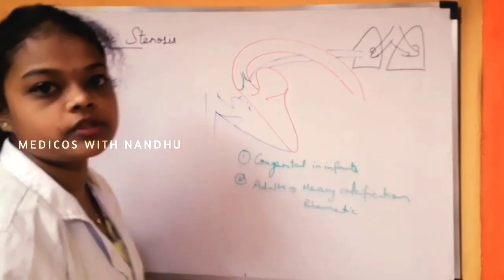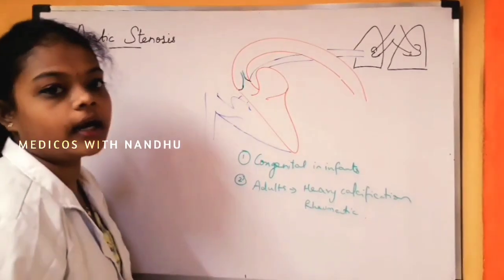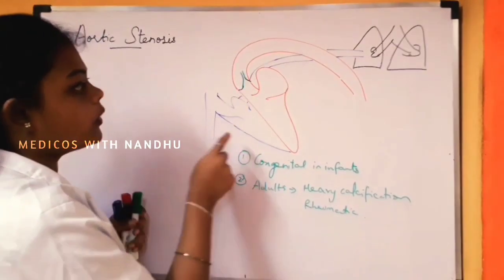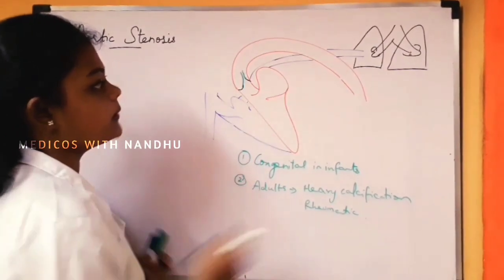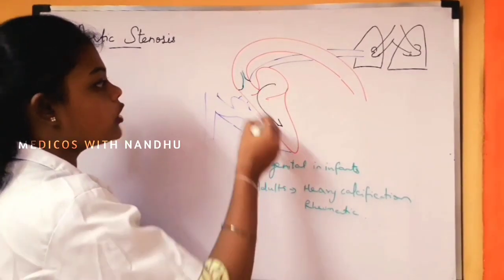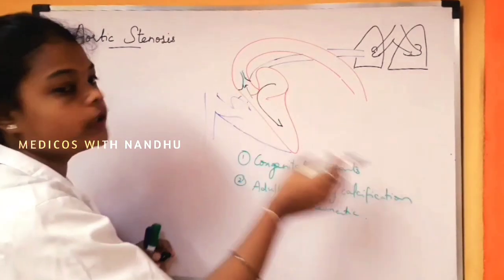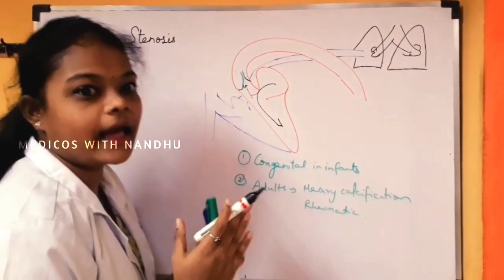And what is the pathophysiology we can see here? If narrowing of the aortic valve takes place, what happens? The blood from the left atrium moves through the left ventricle and wants to pass to all parts of the body through the aortic valve, but the aortic valve has narrowed.